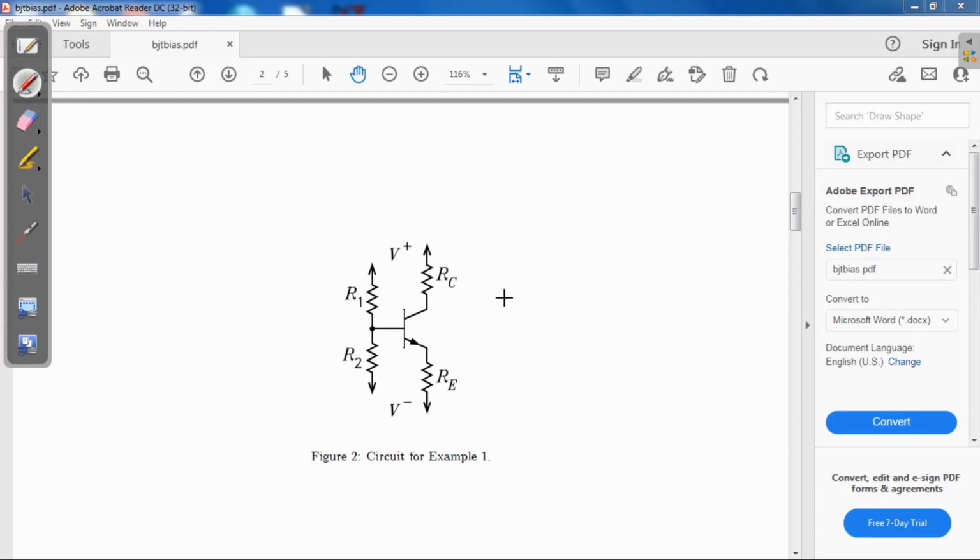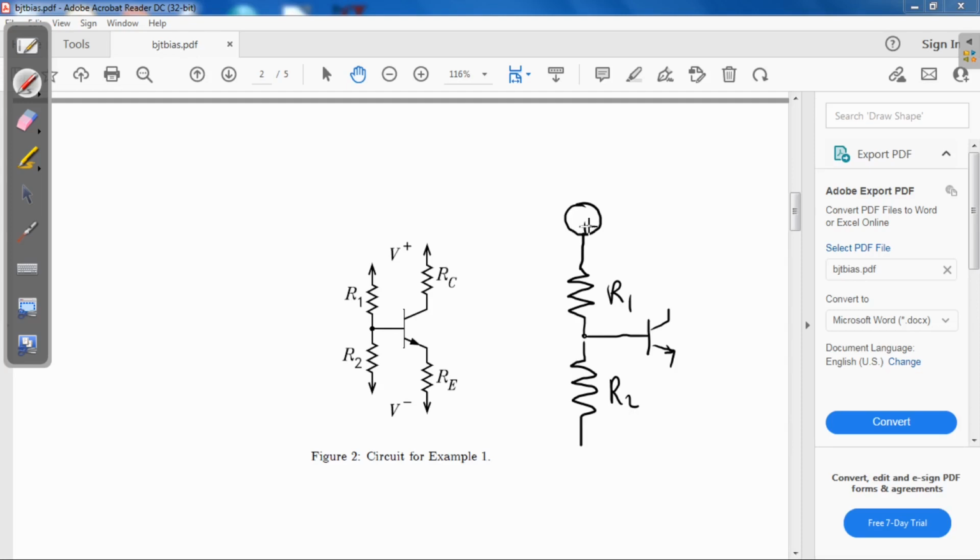First, I need to redraw this thing. So here you have R1. Here you have R2, and here you have the base. I'm not going to draw anything else because we don't need anything else, at least on this side. Now let's do a voltage source.